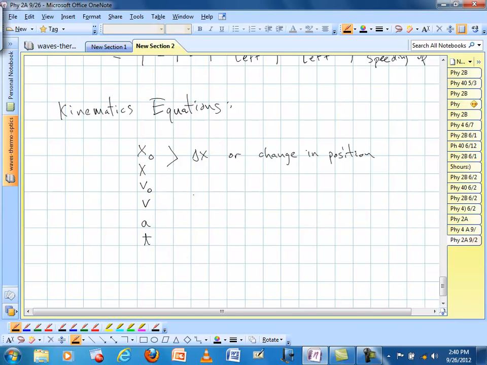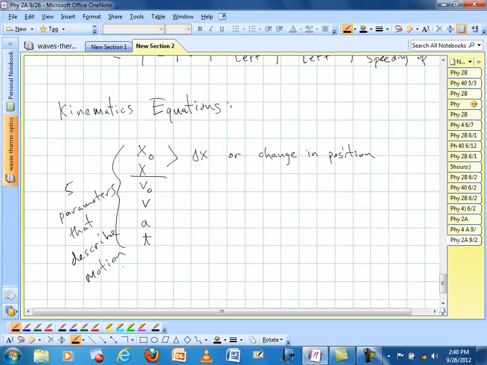And these 5 things, I know it looks like 6, but because what's really important is the change in position.